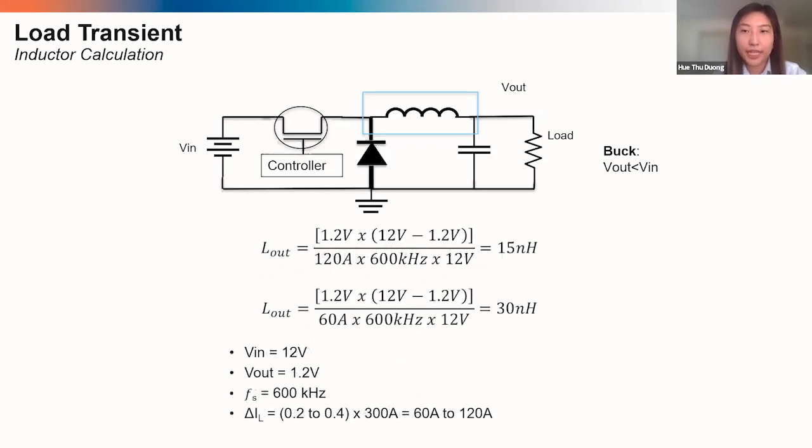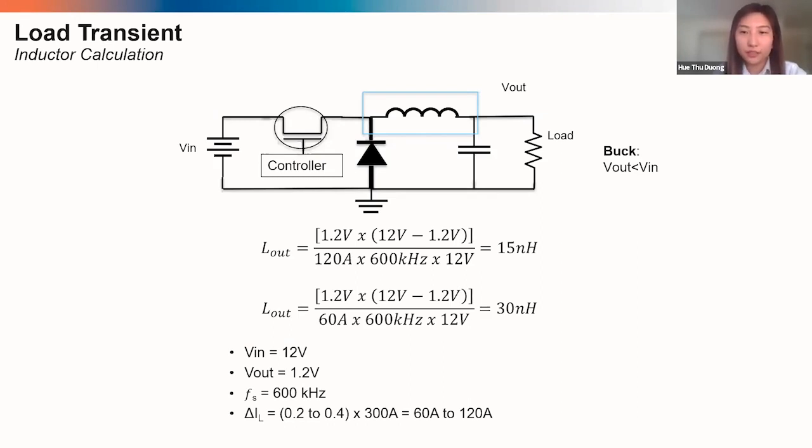In this example, we have V in being 12 volts, V out being 1.2 volts, the switching frequency being 600 kilohertz, and the change in current being 60 amps to 120 amps. And we have these two equations here that take into account both of the current values.